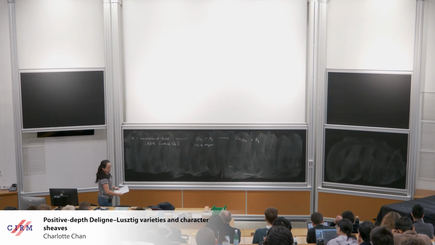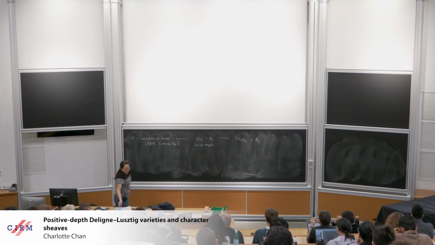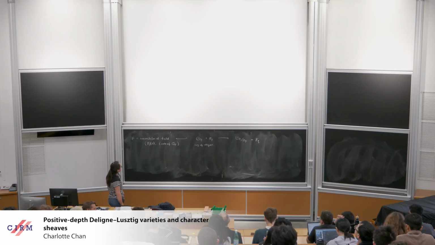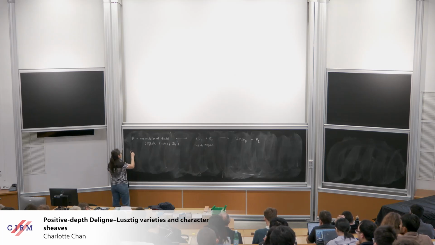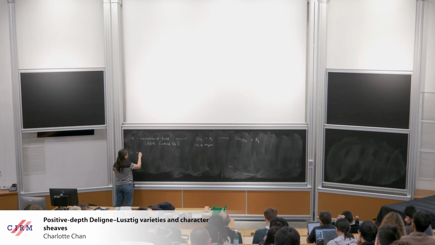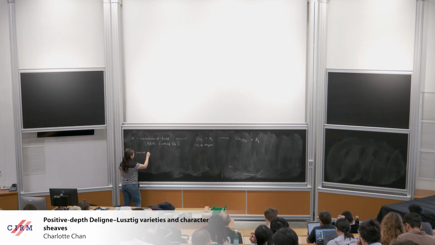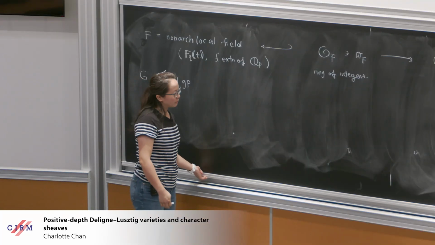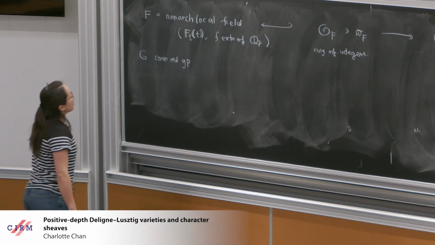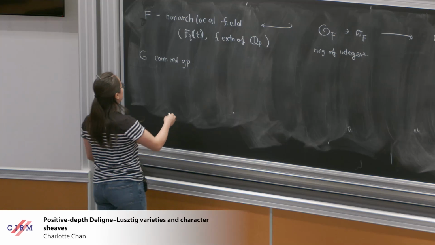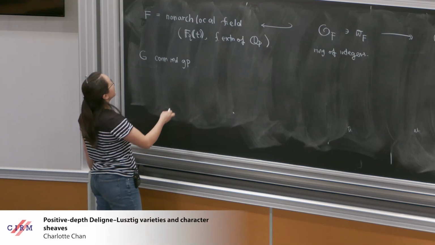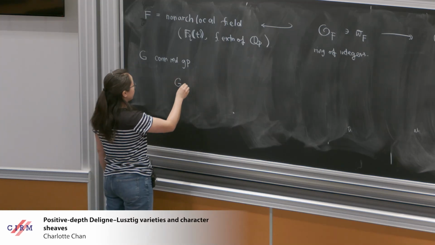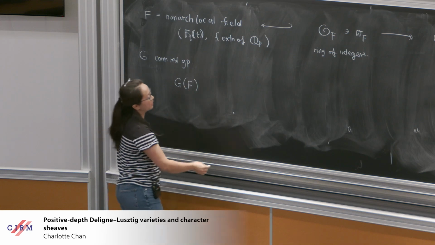Okay, so now, if I am given, say, G, a connected reductive group, defined over something sufficiently general to make the following picture work, you should think of G as something like GLN, or GL2, as I will often specialize to in today's talk.